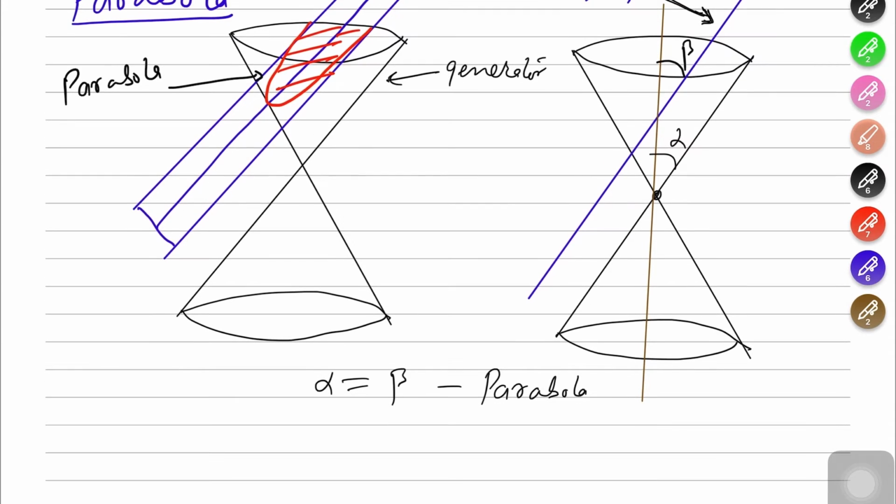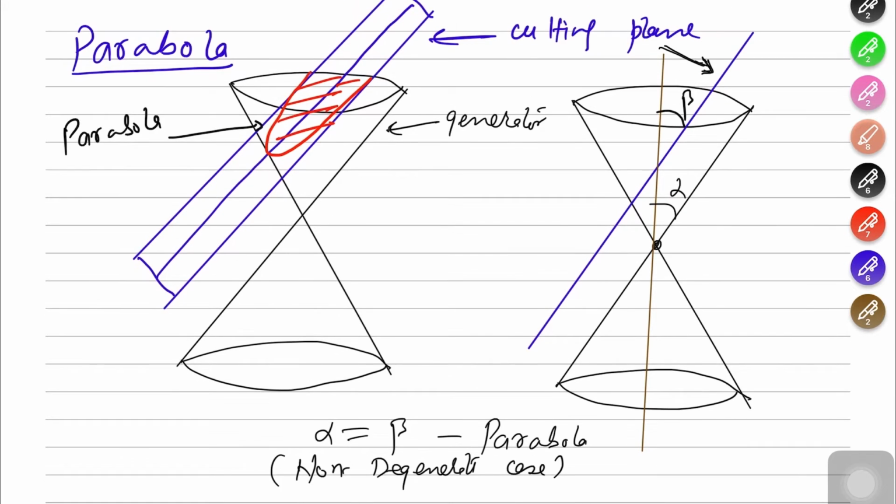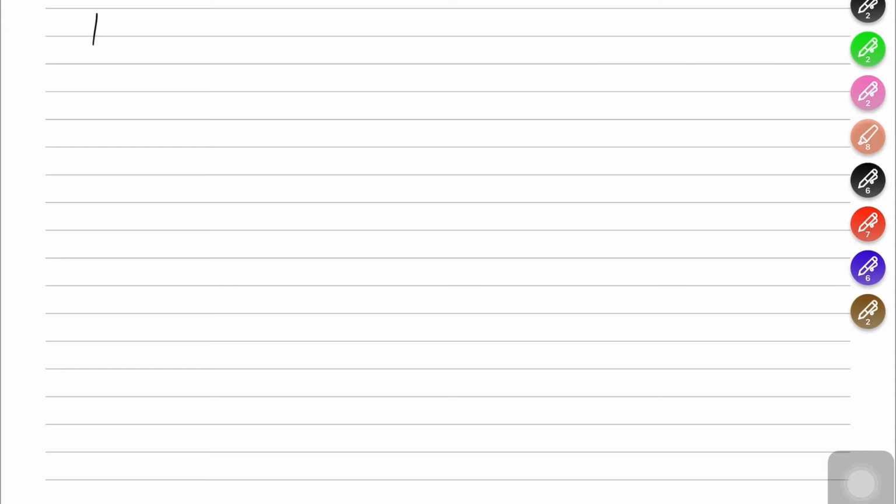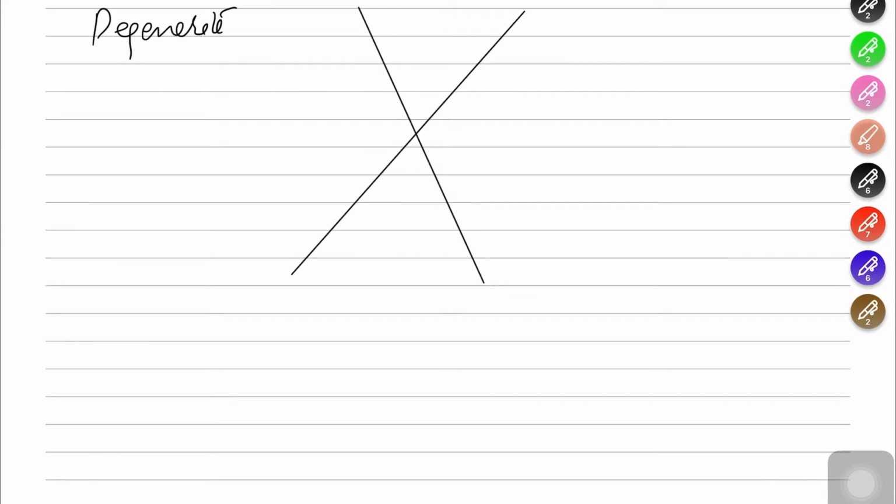And this is basically the non-degenerate case. What happens if this cutting plane passes through the vertex of a cone? So let's see the degenerate case.